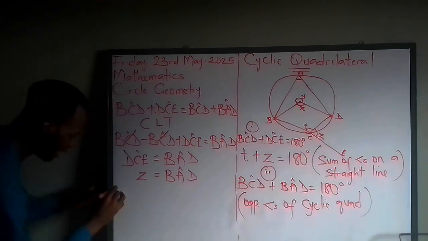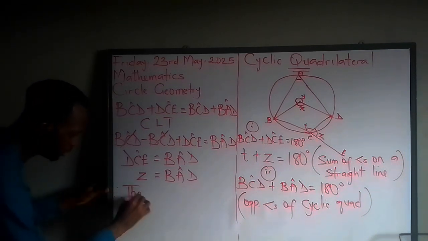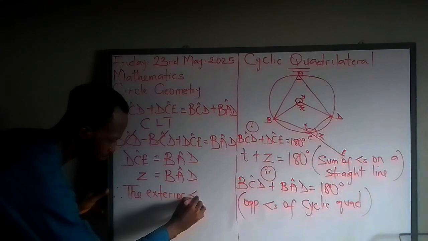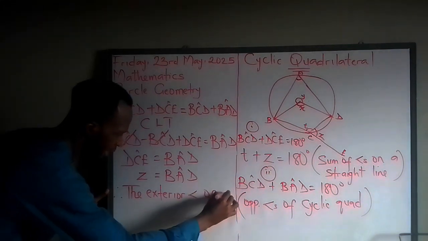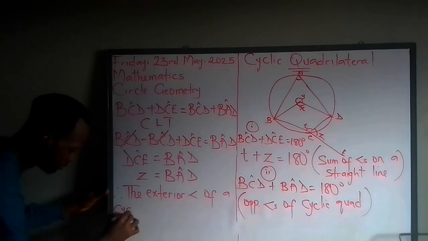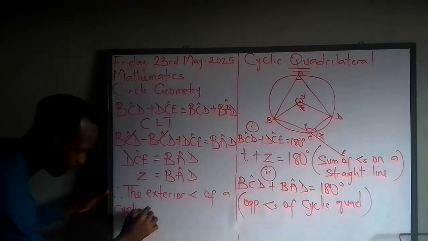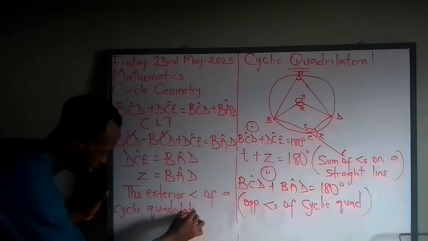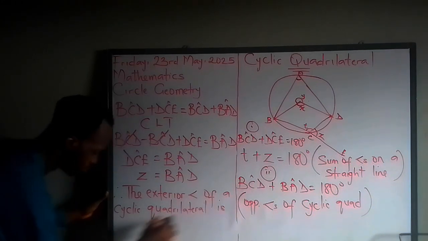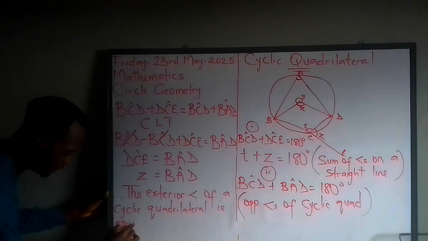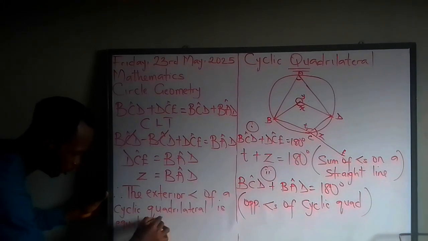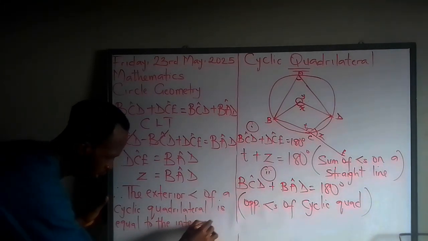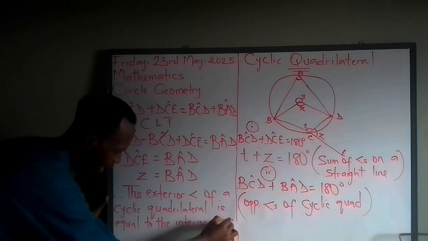We'll say that therefore the exterior angle, exterior means outside, the exterior angle of a cyclic quadrilateral is equal to the interior opposite angle.